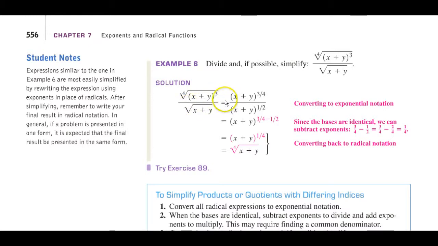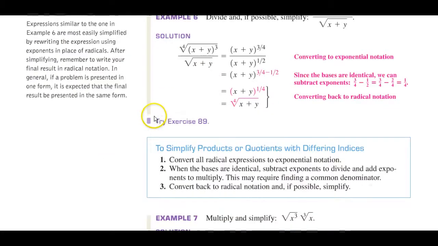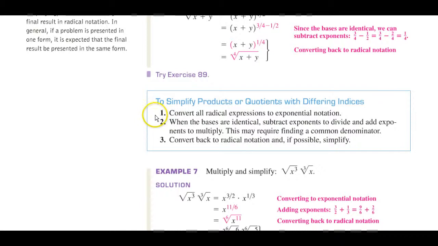So what they're doing is they're converting it to their fractional exponential form, doing the subtraction, getting a result, and then converting it back to its radical form. We won't be doing that. Again, this section's not in our curriculum, but it's sort of interesting to do.